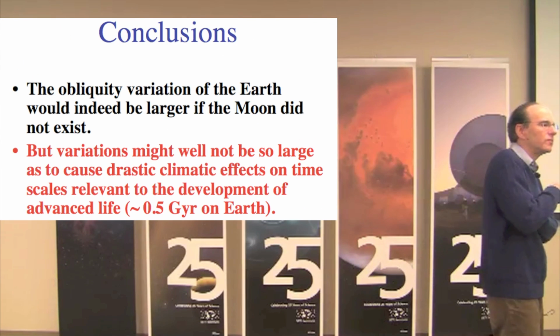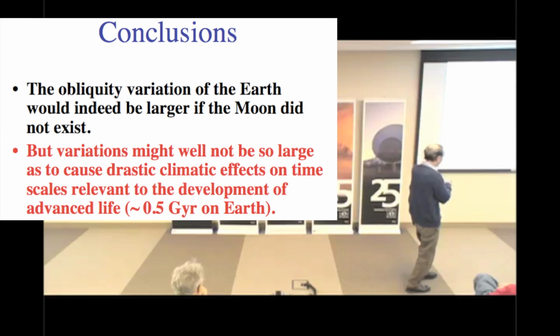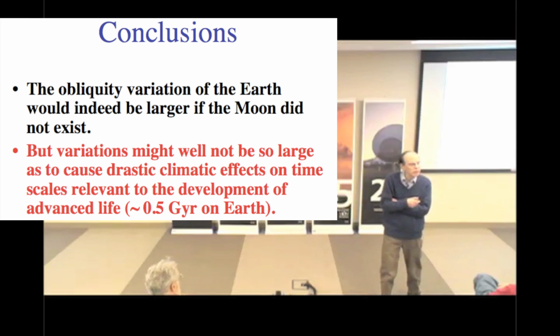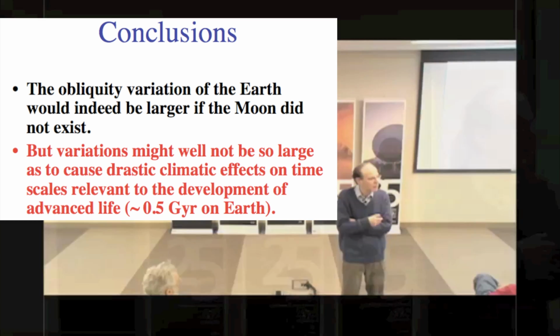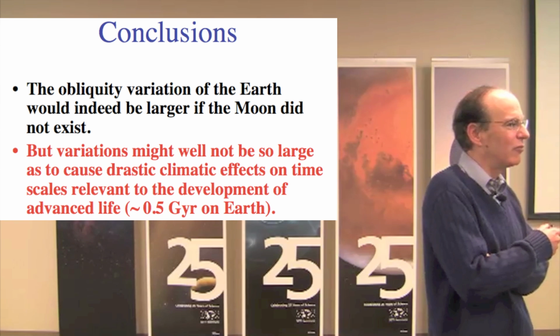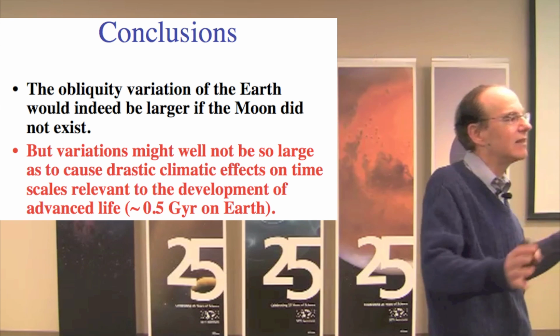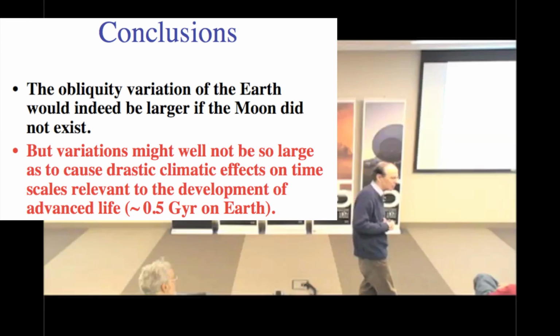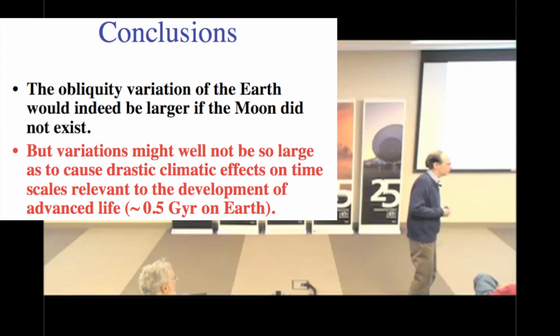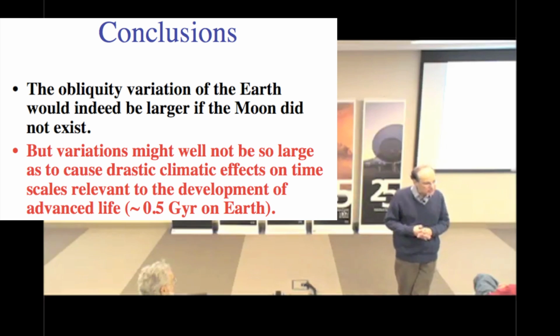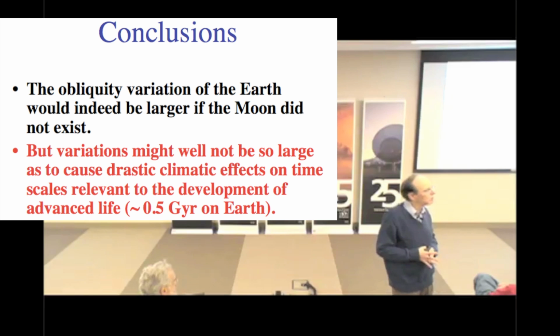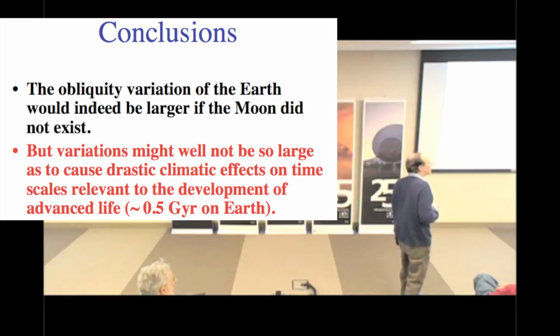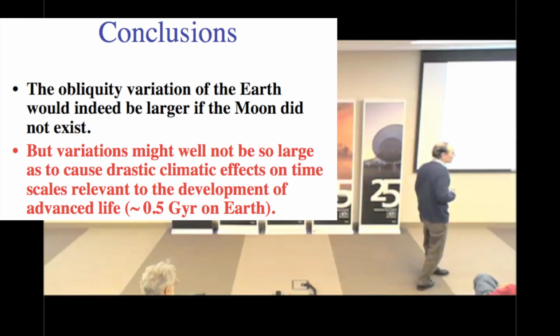So, bottom line is that, yes, the obliquity variations of Earth would be larger if the moon suddenly ceased to exist, substantially larger. But they would not be anywhere near as large as one would have predicted from the analysis of the allowed ranges.